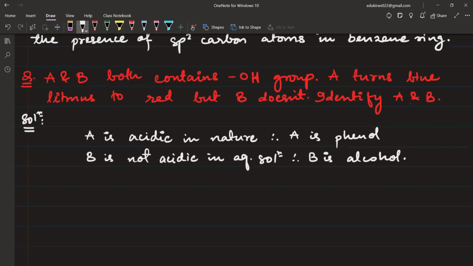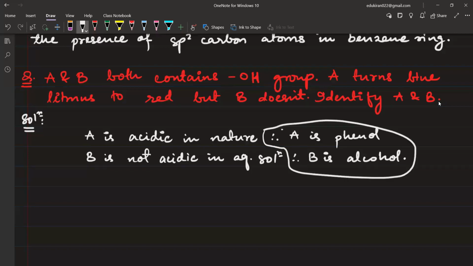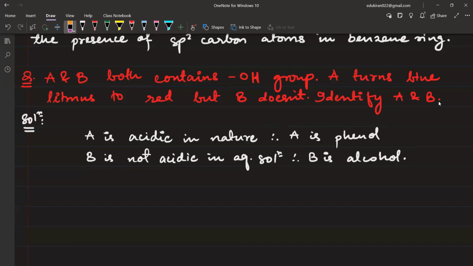Okay. Now, please remember a few things. If this question comes in board, then you have to write only this part. A is phenol, B is alcohol. Board does not want reason if they have not asked reason. In the question, they are saying just identify A and B. They are not asking you how you are identifying. You can keep your secrets with yourself. If you are not able to get a particular frame, how to justify why A is phenol, then don't worry about it.